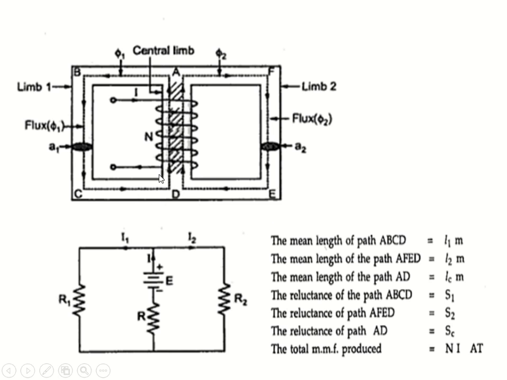Phi is divided into 2 portions, phi 1 and phi 2. Let phi 1 be the flux in limb 1, A1 the area, L1 the length, and S1 the reluctance. And in limb 2, it will be phi 2, area A2, length L2, reluctance S2.